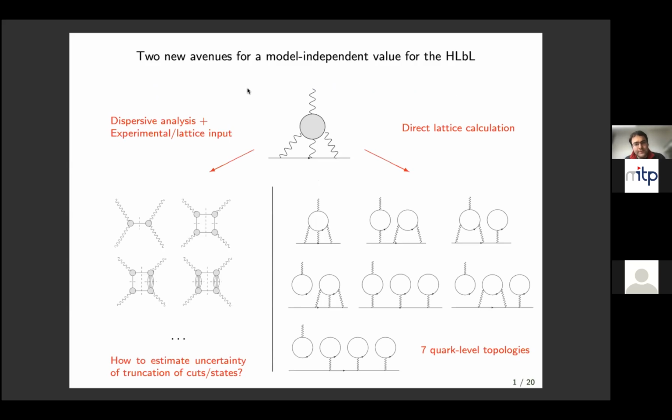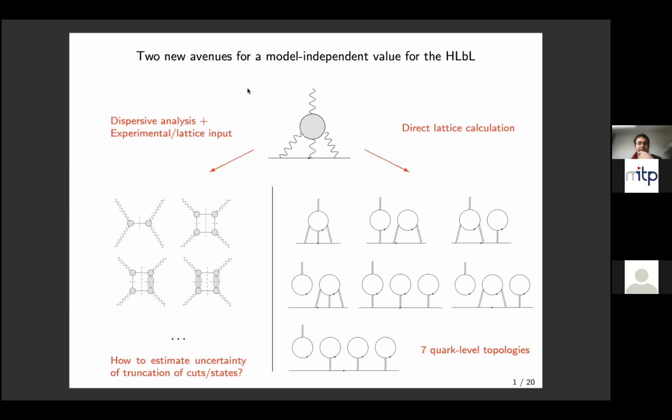While of course there has been a lot of theoretical progress, there are two things that I would like to highlight here, which have entered the white paper prediction, the G-2 Theory Initiative white paper prediction, in some sort of direct way. And these are two ways to deal with this, in a sense, from first principles.